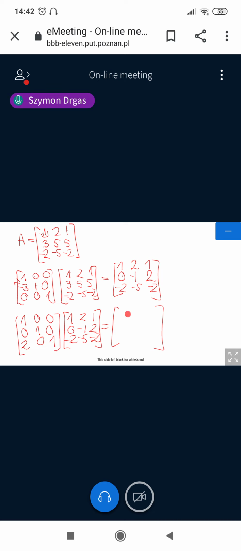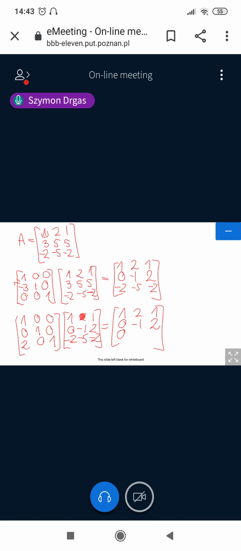So after this step, the first two rows will be the same, and then I multiply the third row by the first column, so it's 2 plus 0 plus -2, so it's 0.